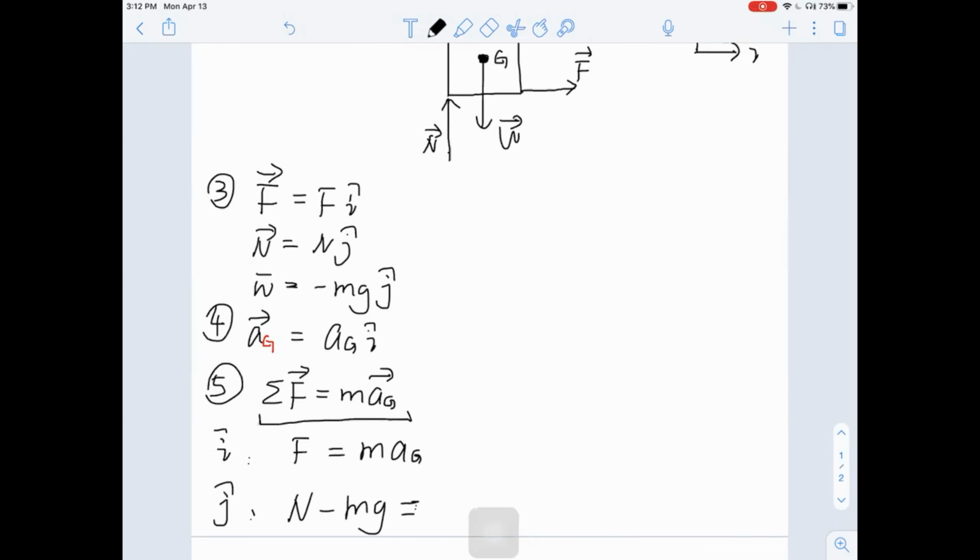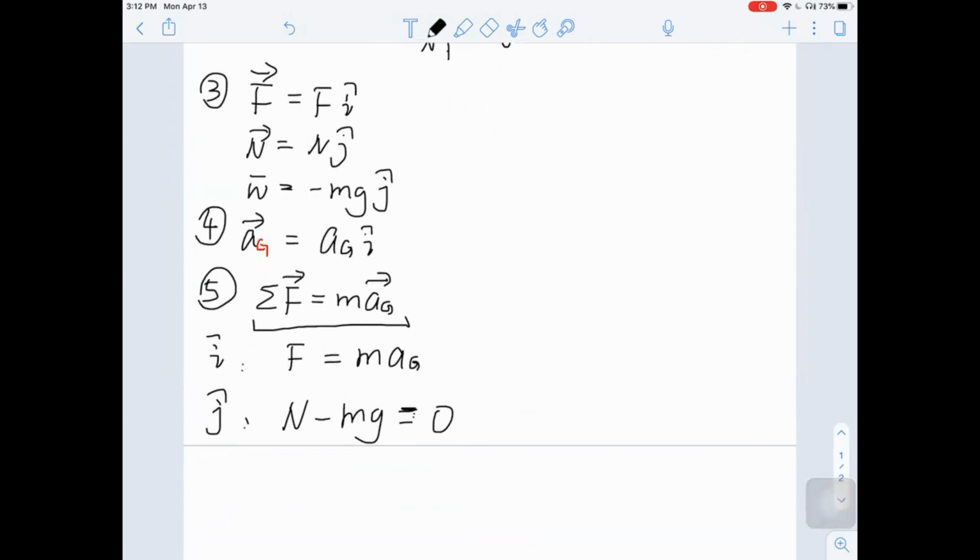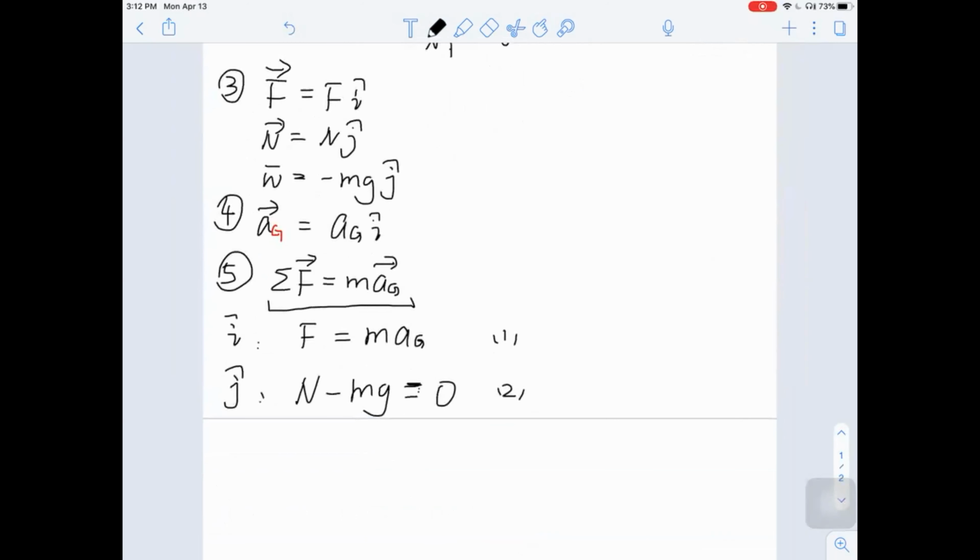Since we don't have acceleration in the j direction, that equals 0. So far we have 2 equations. Another equation we can create is based on Euler's second law: sum of moments.